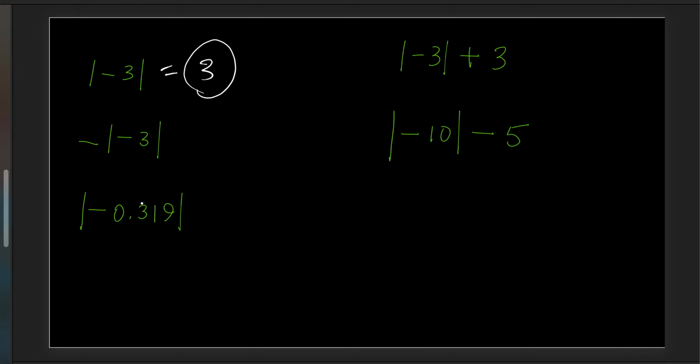That's what that means there. That's really like a negative 1 times absolute value of negative 3. So what I would do is write that, negative 1 times 3, because we know this part is 3. And now I see that I have negative 1 times 3. So that's negative 3.